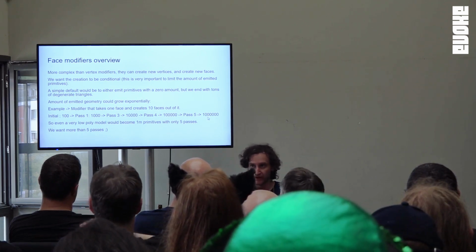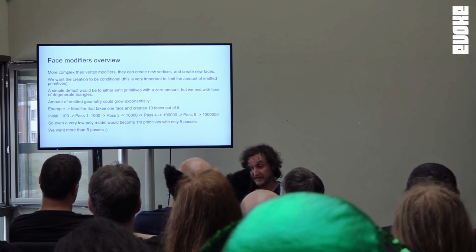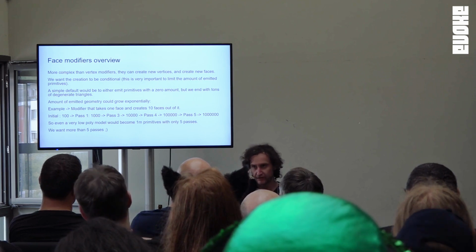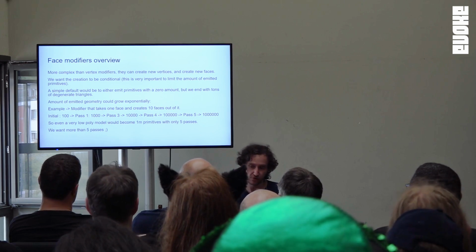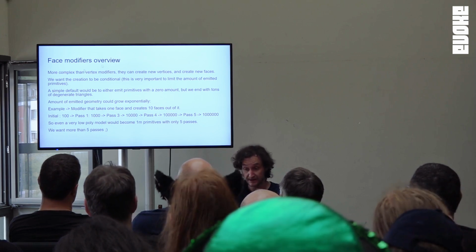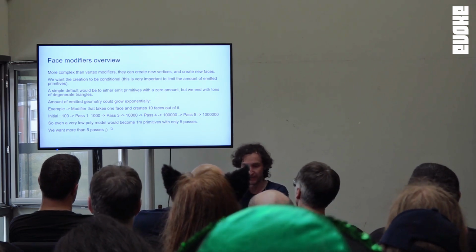And in our demo, we have something like 20 passes at least. So that means we would be at nearly 1 billion polygons, which will not really work that well. So we need to do conditional emission. Even just a very low poly model will be really huge.